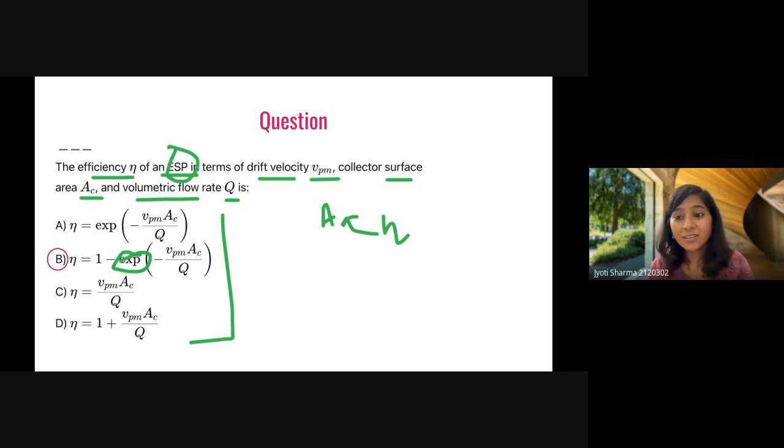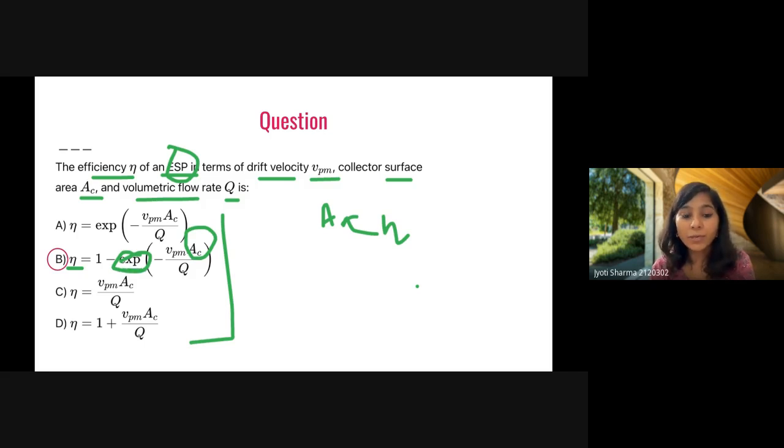Okay, so this is a little disadvantage of ESP, but the advantage is that it can collect particulate matter of a very low size. So just keep in mind that the first thing is there is a relation between efficiency and area. This is an exponential relation, and this will be 1 minus.